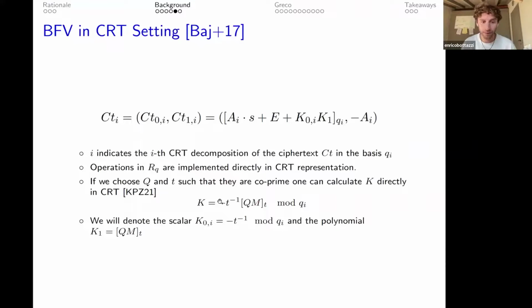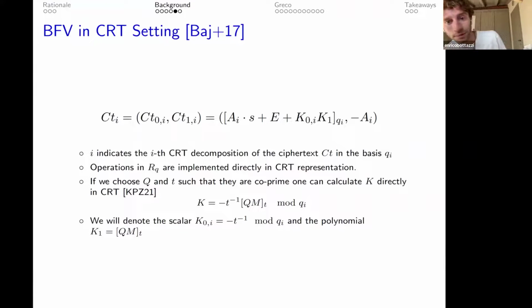So what we end up with is splitting this K in two components, K0i, which is the negative of the multiplicative inverse of T modulo Qi, and this polynomial. And what we want to achieve by doing that is that you see there are some polynomials here that don't have the notation with i, and this means that they are the same across each i decomposition of the ciphertext.